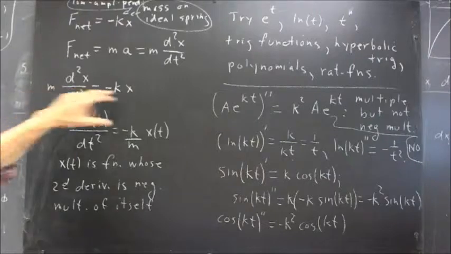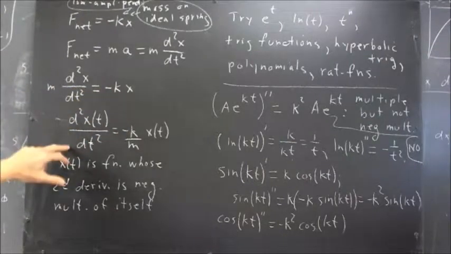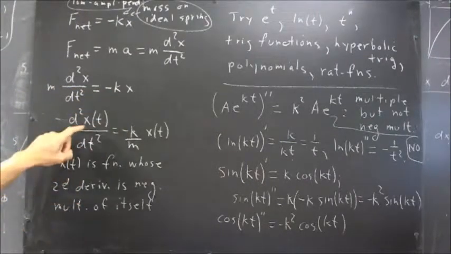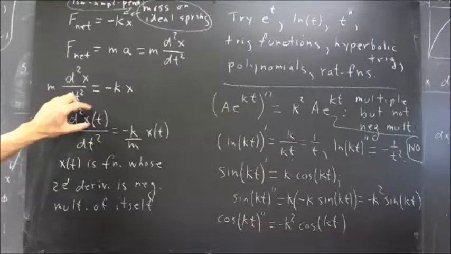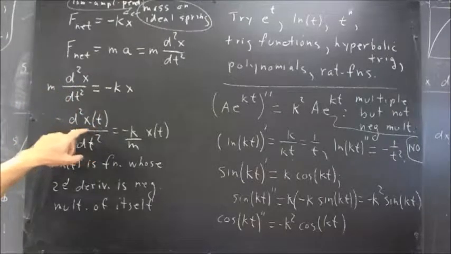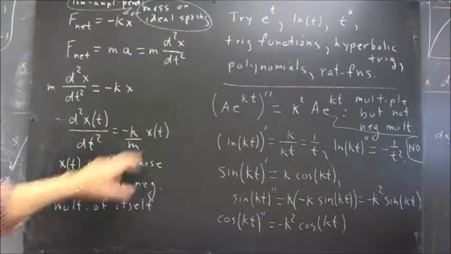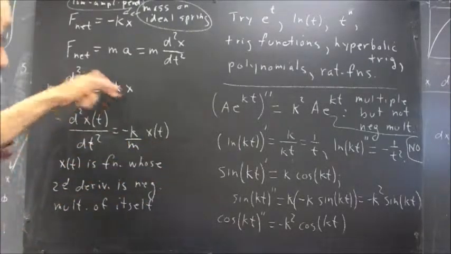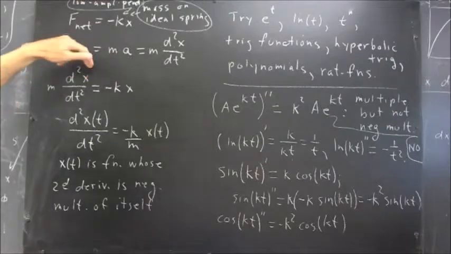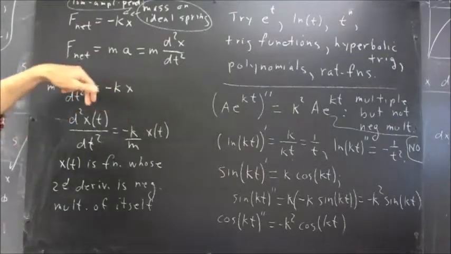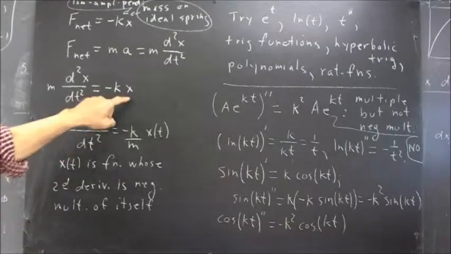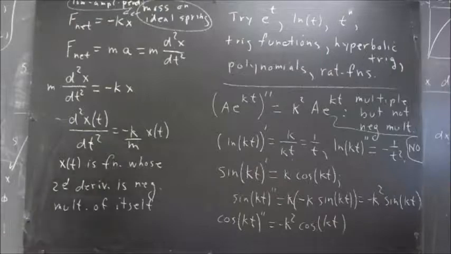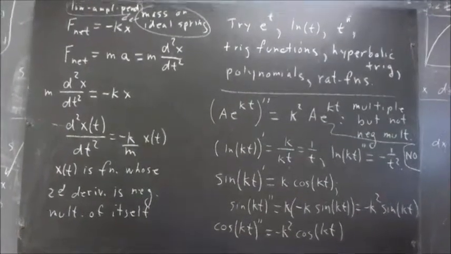We divide both sides by m to isolate the second derivative of x, and we express x as x of t, emphasizing the fact that x is a function of t, here and here. Now we can leave off the t and leave it as understood, or we can put it in if we want to be really explicit about the fact that x is a function of t. But whether it's written this way or this way, it is considered to be a function of t.